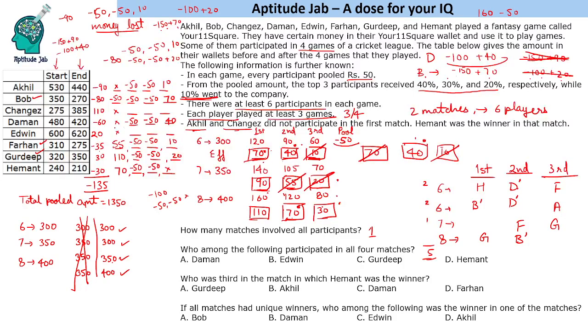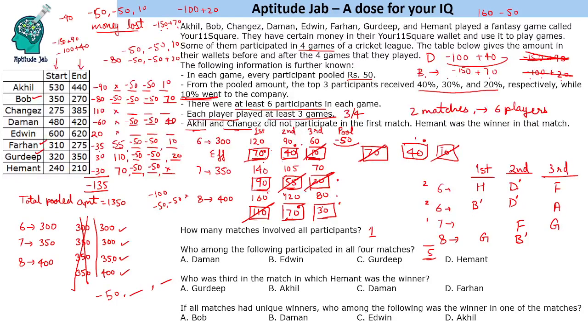Now we have Edwin and Changes. So Edwin, now one of the 70s is left, one of the 40s is left, and 90, 110 was done. 90 and 30 are left. So Edwin has to make 20 rupees. Edwin can make minus 50, minus 50, 100, and 120, not possible. So he has to make 20 in three matches. So he can lose 50 in one match and gain 70 in the other two matches.